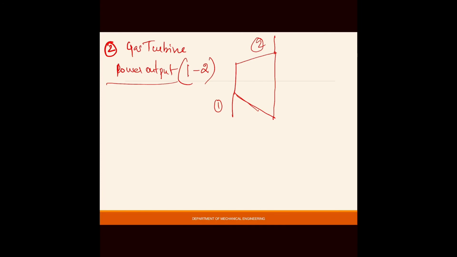In the turbine, a work producing device, I have to find the work done for the control volume. The inlet velocity is 50 meter per second, temperature is 750 degrees centigrade, the exit condition was 600 degrees centigrade and velocity is 60 meter per second.